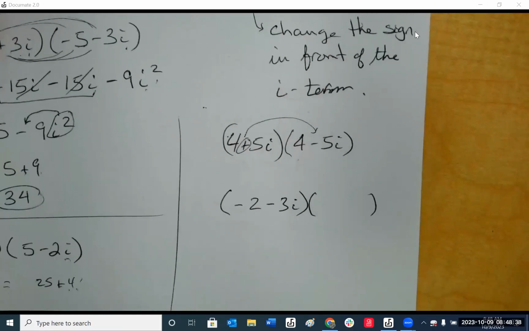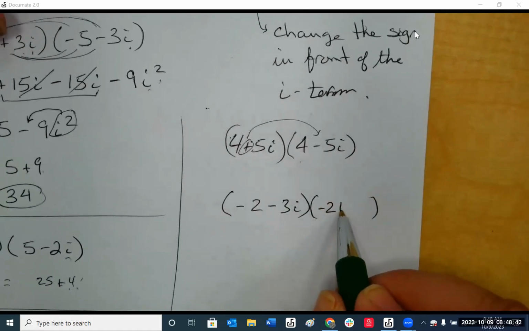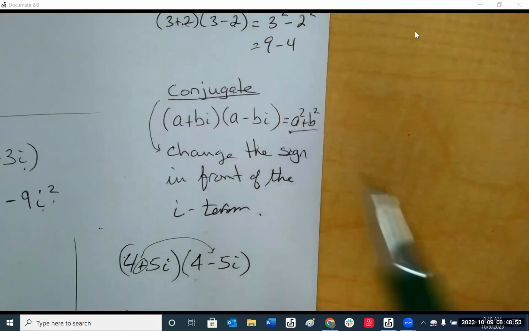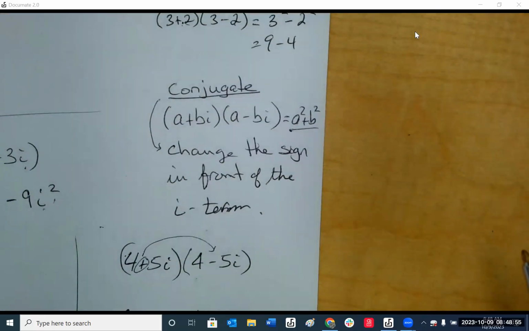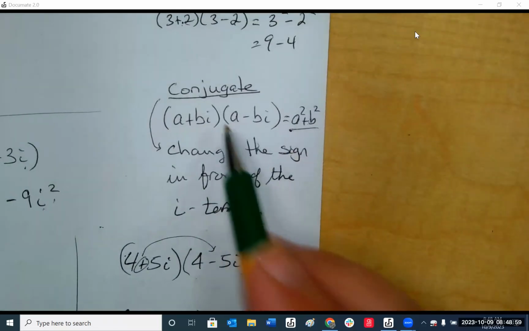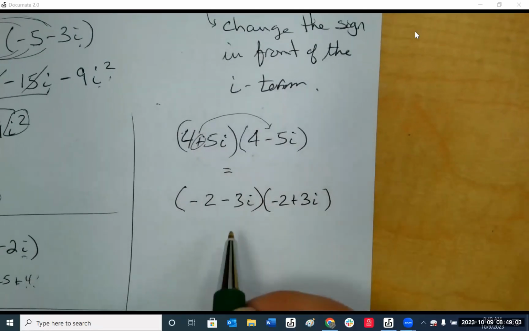What is this conjugate? 3i. You can't forget the i. Because the conjugate, the whole thing is, notice, it's simply going to be a plus of two terms. No i. Because i times i is i squared, and that makes a positive. So this answer is going to be what?